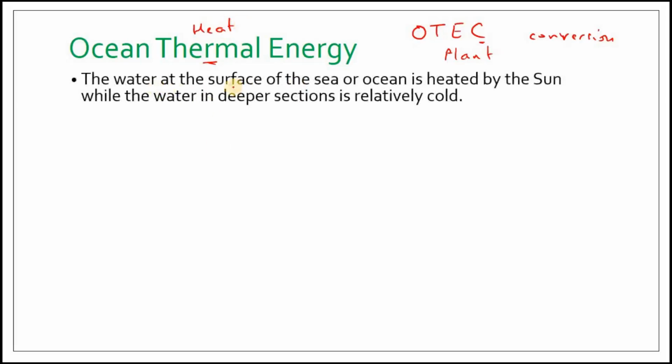The water at the surface of the sea or ocean is heated by the sun, while the water in the deeper section is relatively cold. So there is a difference in temperature between the different layers of the sea water.